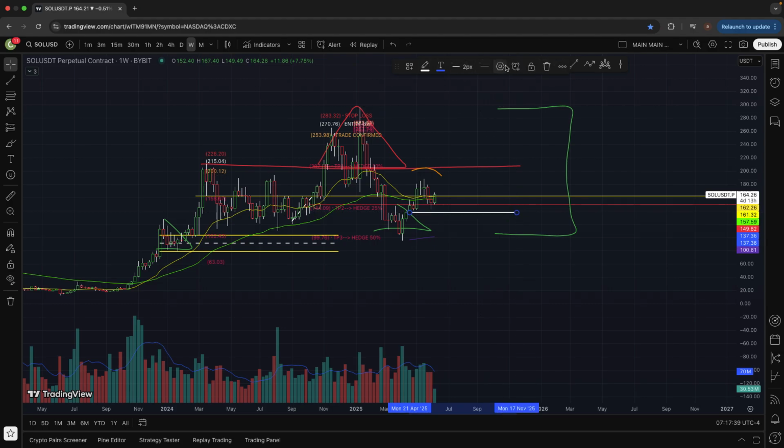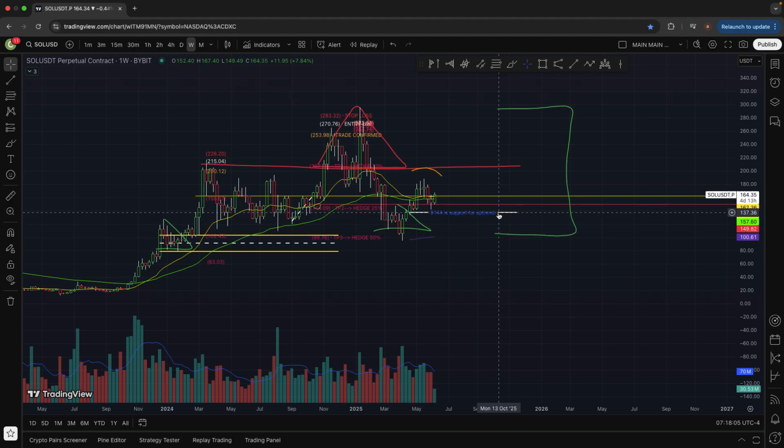There we go. Okay, lock that up. So 144 is the support for the uptrend. You start opening and closing underneath 144, you're basically looking for a potential move to take the liquidity all the way back to $100.